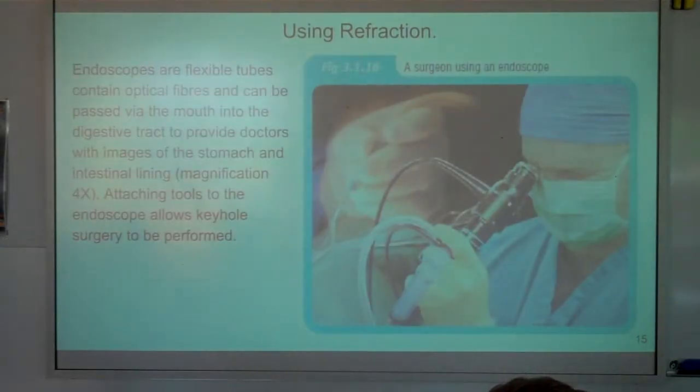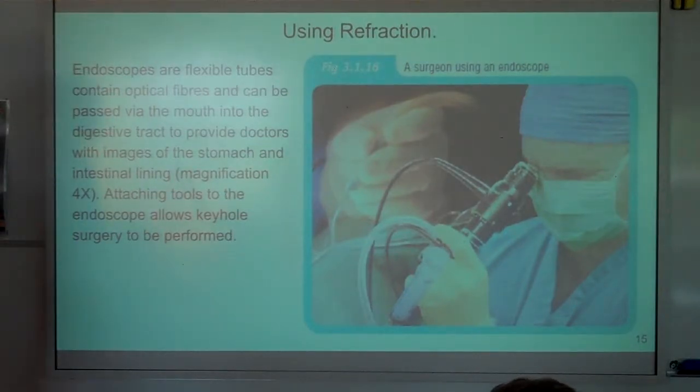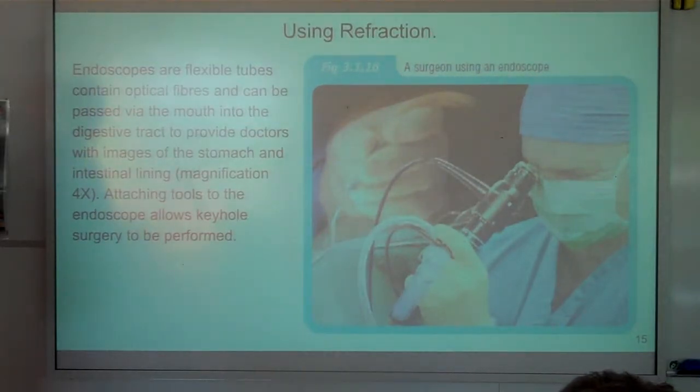Endoscopes also very, very important. They use the same principle, total internal reflection, and are used by doctors. So he's not only looking through that, but he's got tools as well that he can manipulate. So my wife had some surgery last year, and all she has is a scar here, but they did major surgery. She had surgery on her right lung, so they had to deflate it.